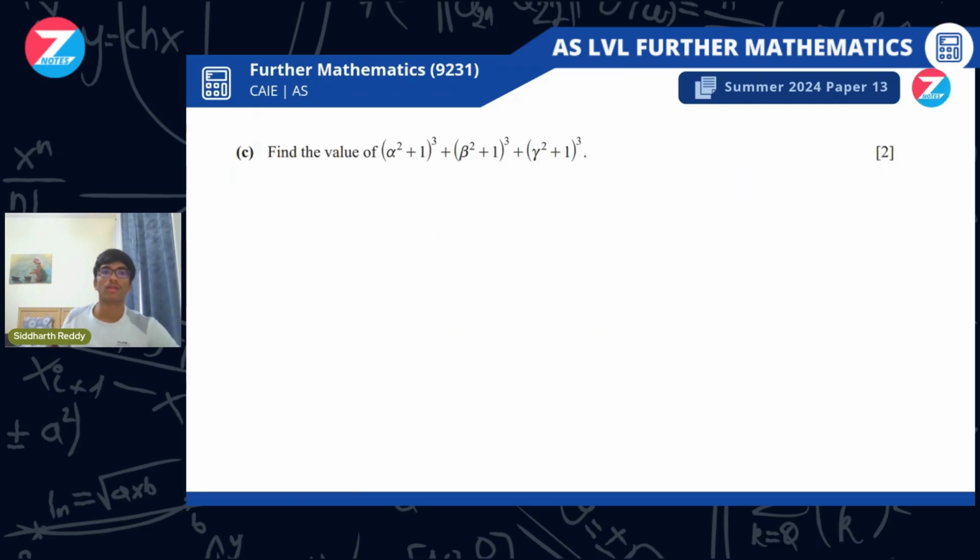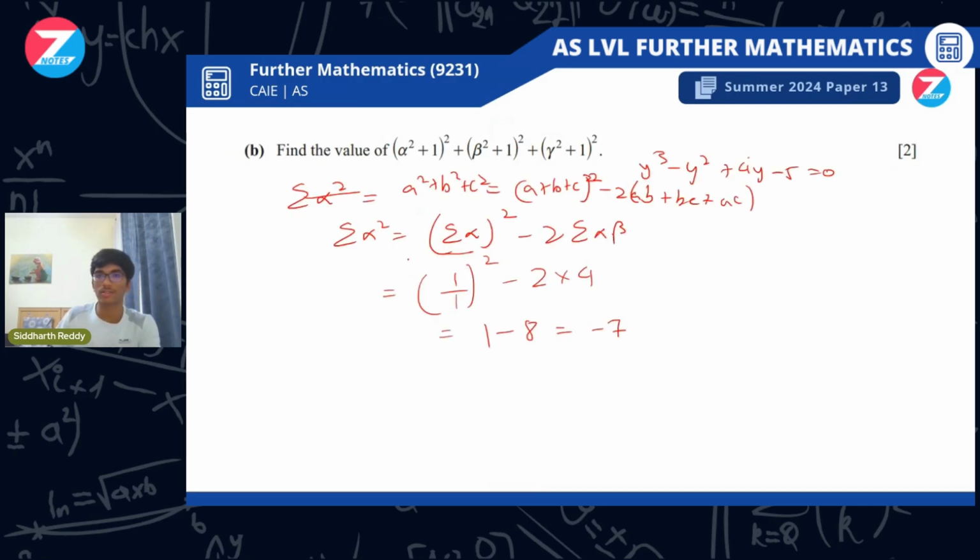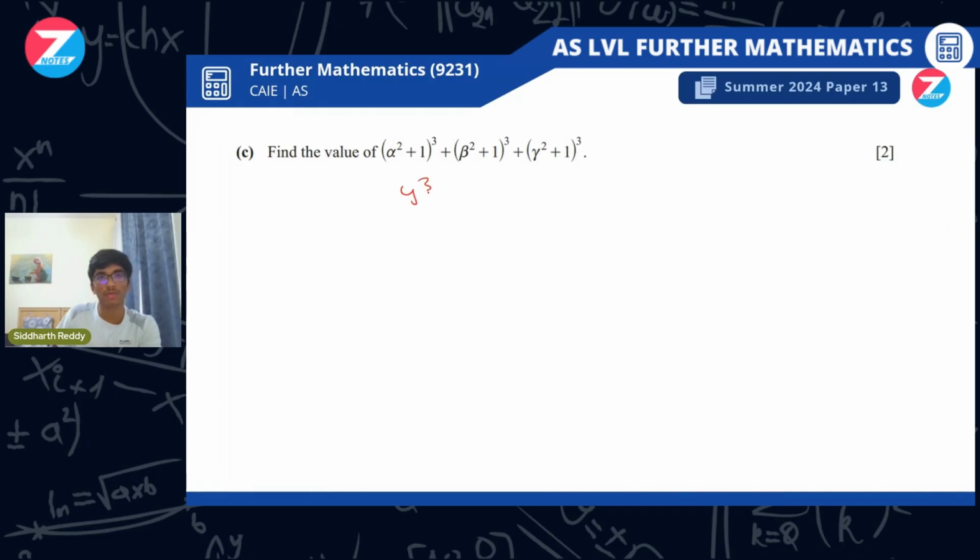Okay. Find the value of, now this is like the previous one, except these are cubes now. So again, the equation is y cube minus y square plus 4y minus 5. I'll denote these as capital A, capital B, capital C from now onwards.